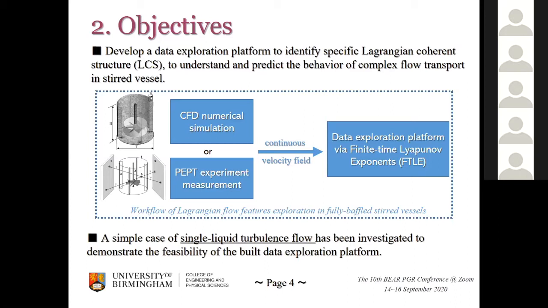In the platform, we will calculate the FTLE, and it will give us the LCS, the Lagrangian coherent structures, and it will tell us how the flow transports in the tank. Here we use a simple case, single liquid turbulent flow, to demonstrate the feasibility of the built data exploration platform.